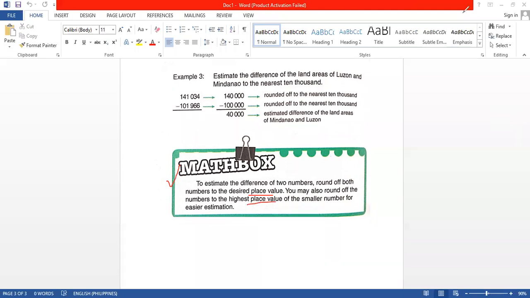So first, in order to estimate numbers, you're going to round off numbers to the desired place value.